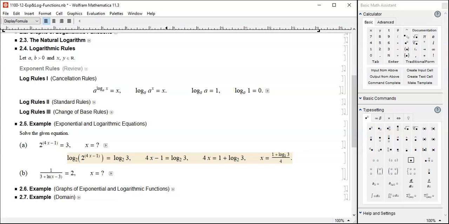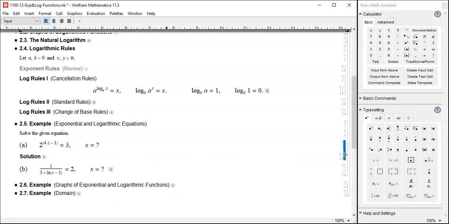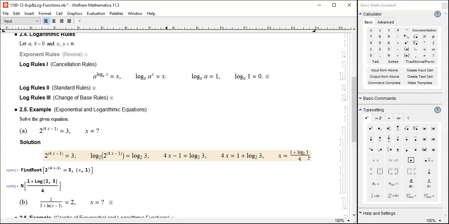And that's how you do it. A complete solution here. So the key is to take the inverse function to kill off this exponential. Okay, take the inverse function to kill off the exponential. Log base 2, the same base.